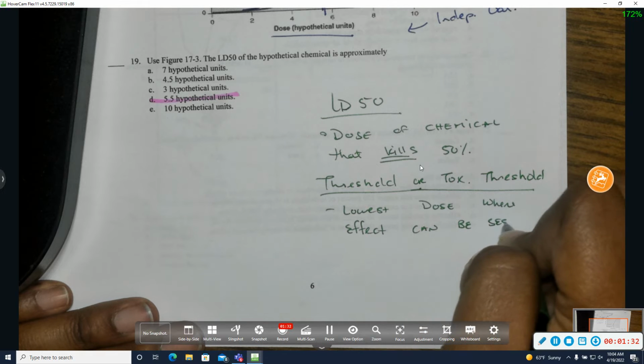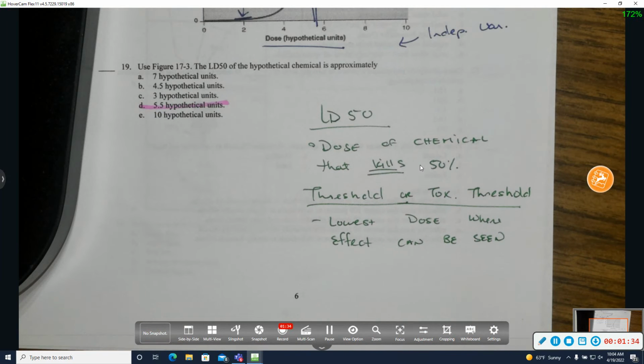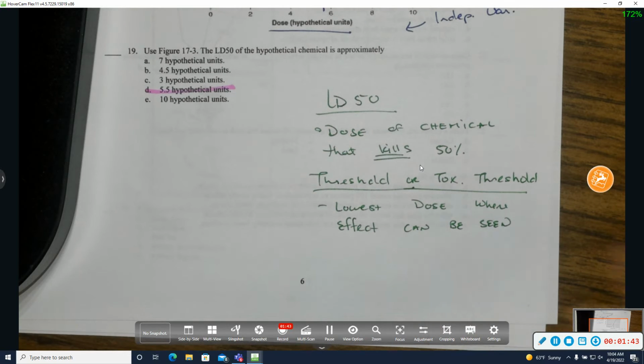So maybe you can start seeing that person become dizzy or disoriented or nauseous or something like that. That's the lowest dose at which you're going to start seeing any effect of the toxin.